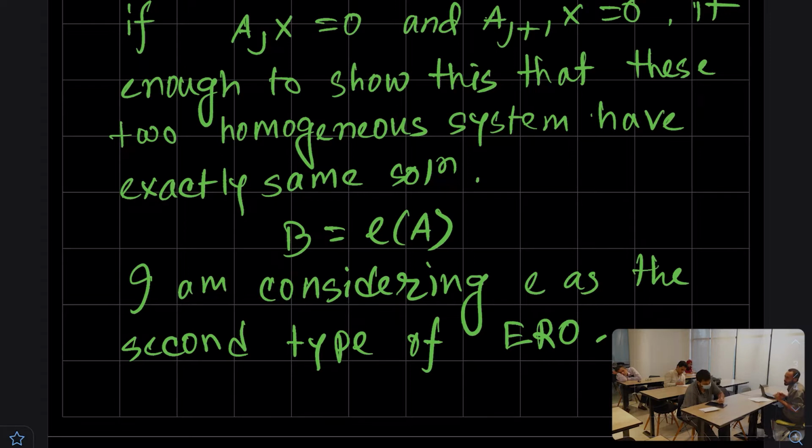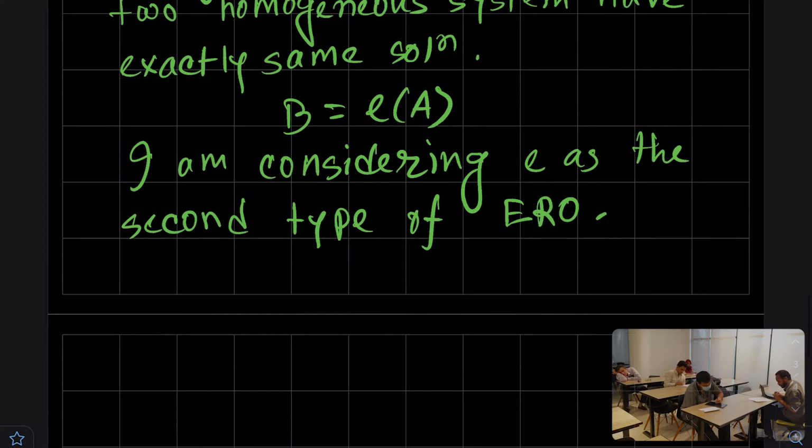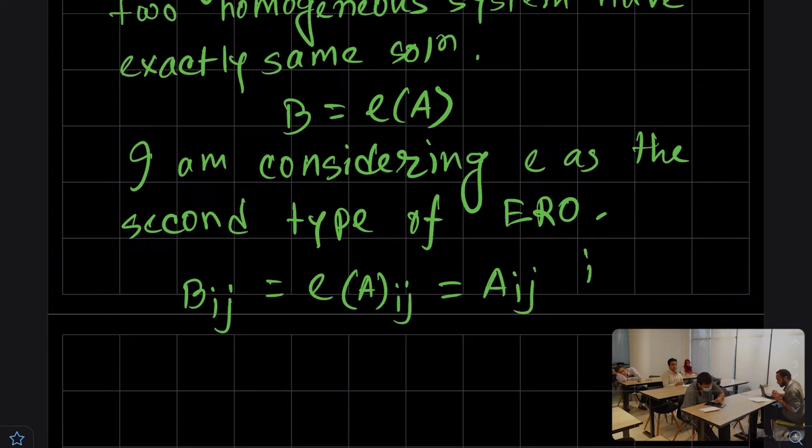Bij is equal to E(A)ij, and this is equal to Aij if i is not equal to r, right?